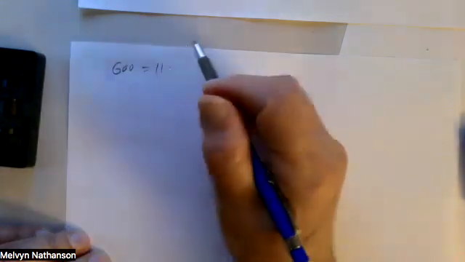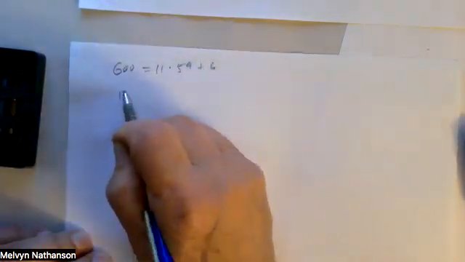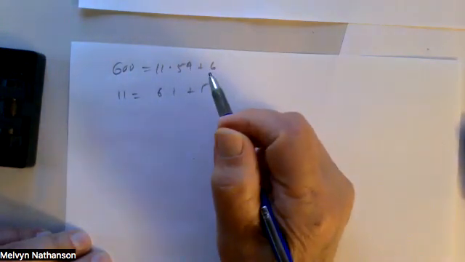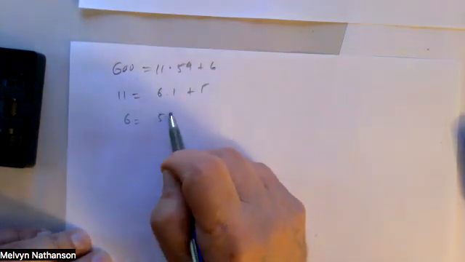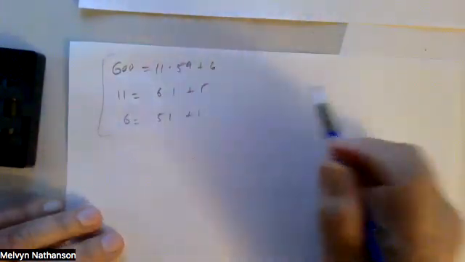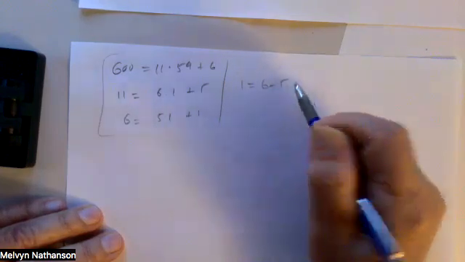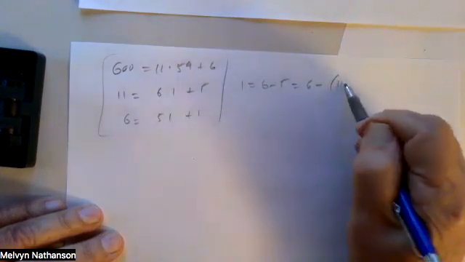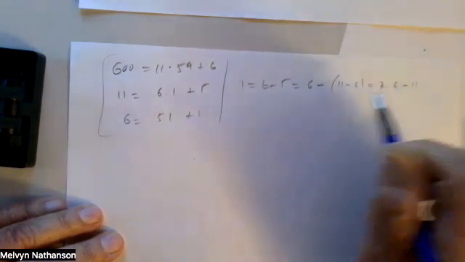I get 11 times 54 plus 6. 11 is 6 times 1 plus 5. 6 is 5 times 1 plus 1. So if this arithmetic is correct, that means 1 is 6 minus 5. 6 minus 5 is 11 minus 6. So this is 2 times 6 minus 11.